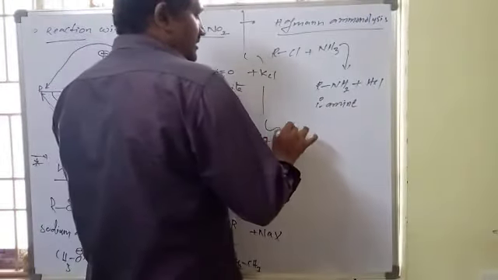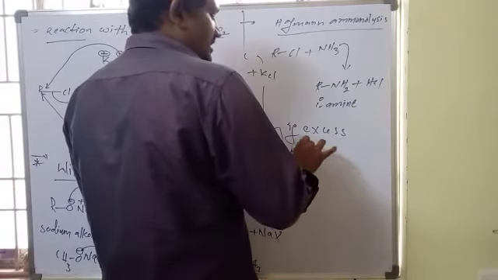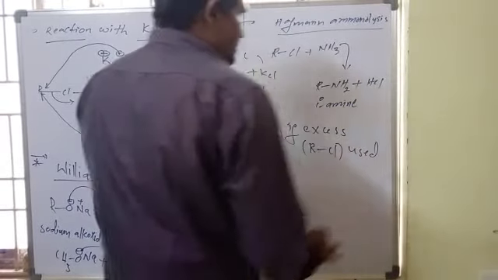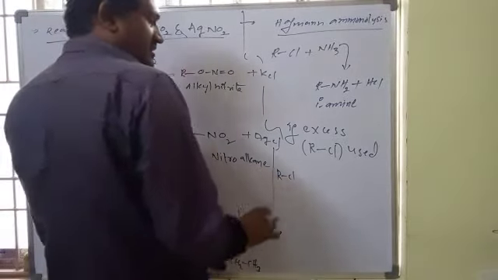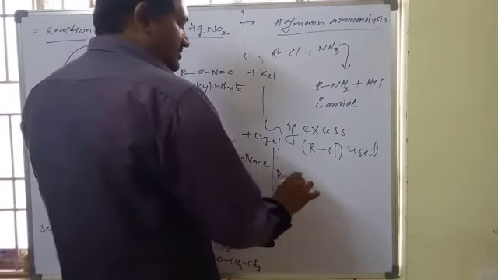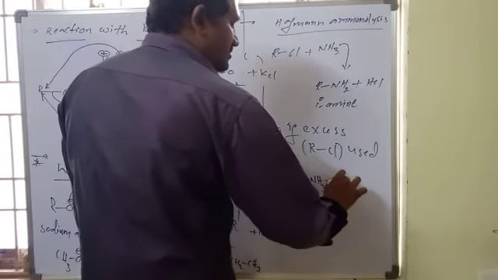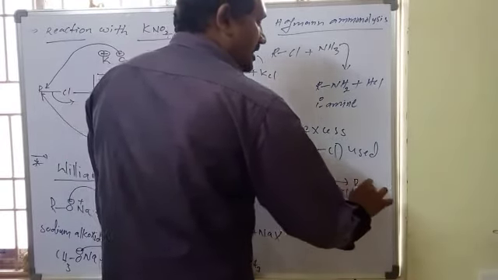If excess alkyl chloride is used, then what happens? Excess RCl, when it reacts with ammonia, first minus HCl is eliminated and it forms the primary amine.